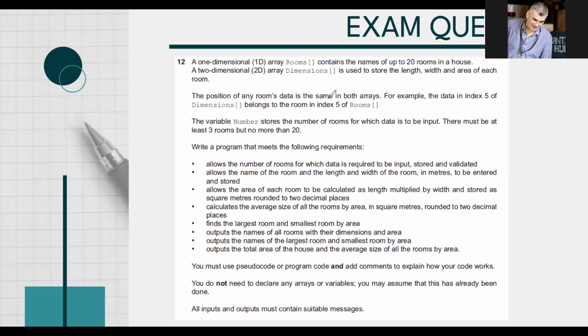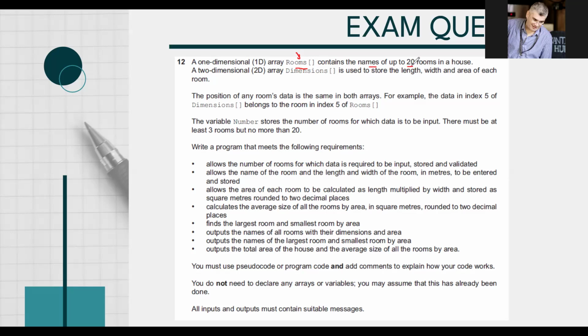Of course, definitely we need to look and try to understand what this code is about in the first place. If we look here, we will find that we are talking about rooms in a house of up to 200 rooms in a house. So this rooms array is going to carry names, and there are at most 20 rooms.